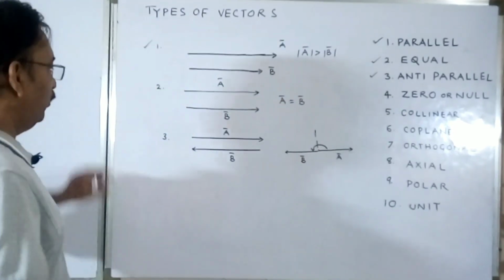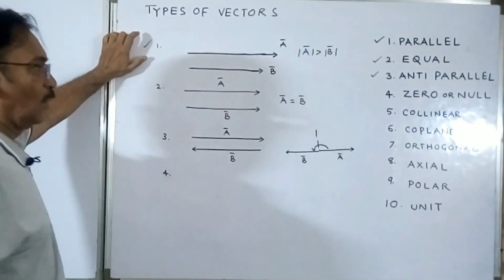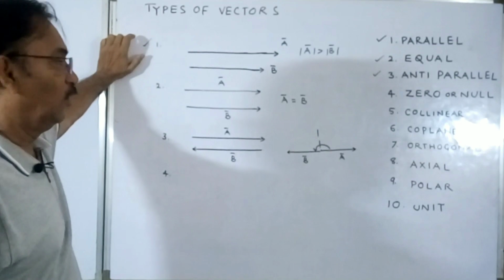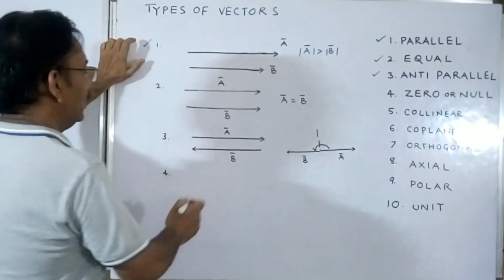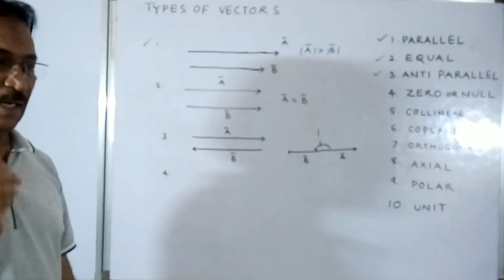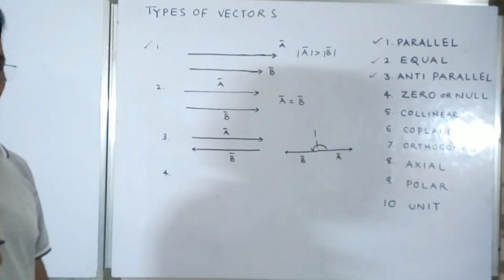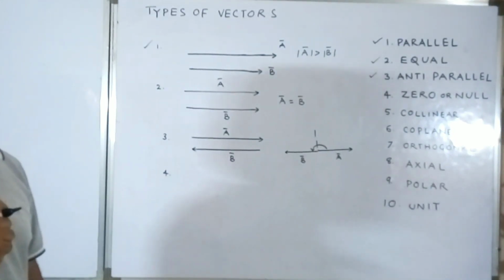We completed the third one, the antiparallel. Then we have to learn about the fourth vector, the zero vector. What is a zero vector? A vector whose magnitude is zero. That means the starting point of the vector is equal to its end point.